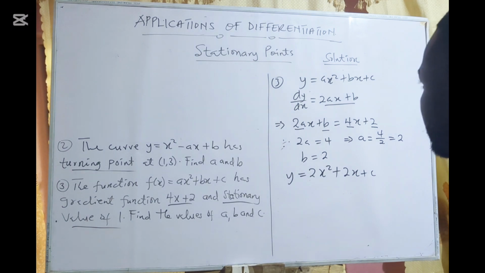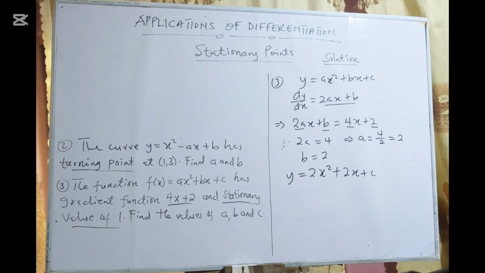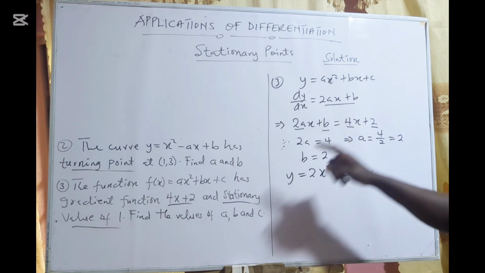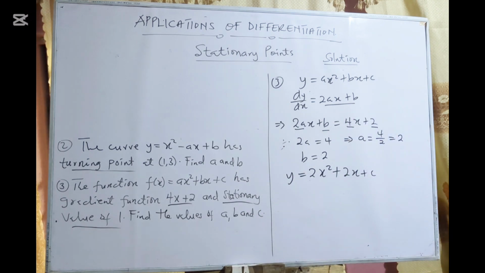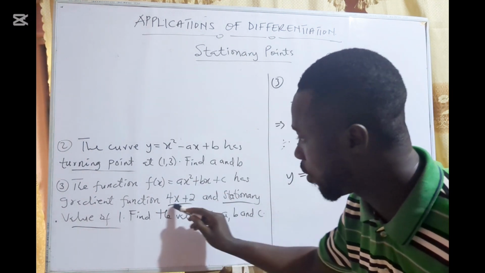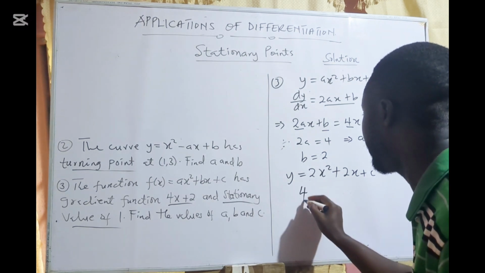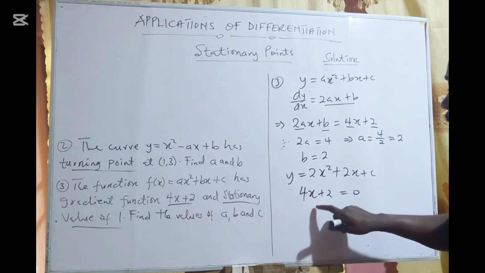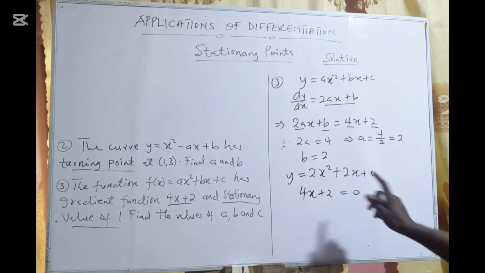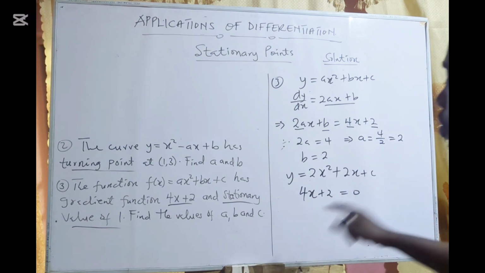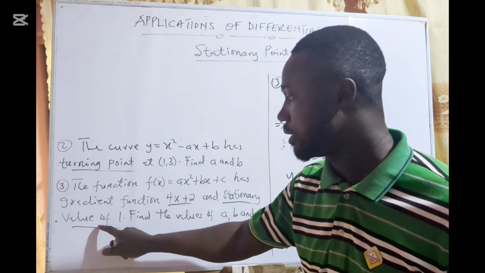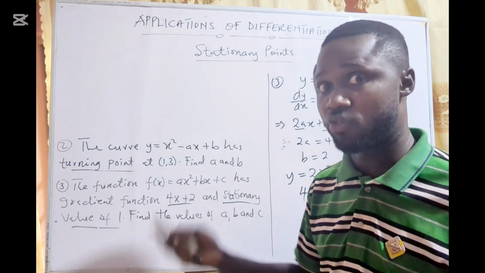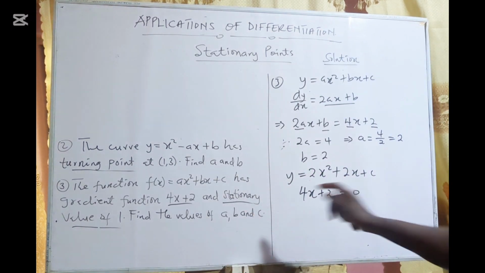And if the curve is at the minimum or the maximum, the gradient function is equal to 0. So this particular function 4x plus 2 is equal to 0, so that we can find the corresponding value of x at the maximum or the minimum, where the value of y is 1, so that we can use that to find the value of c.